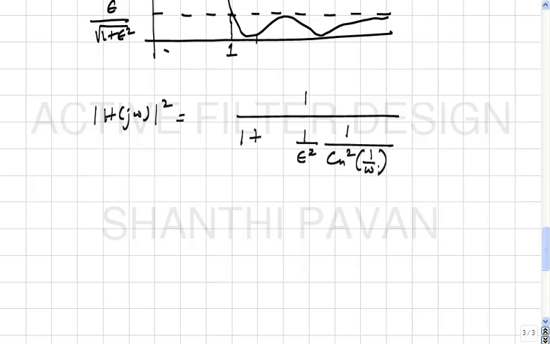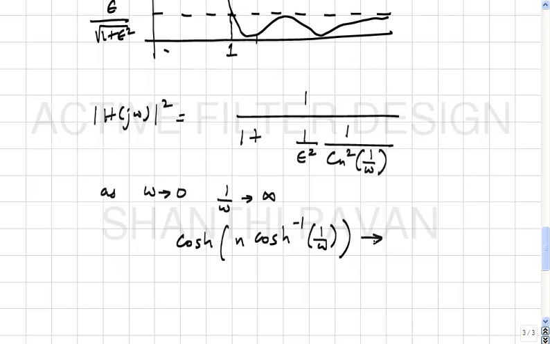Okay, and we are interested in the behavior of this at low frequencies. So as omega tends to 0, 1 by omega tends to infinity, and Cn, which is cos hyperbolic of n cos hyperbolic inverse of 1 by omega, will tend to... what is cos hyperbolic inverse of 1 by omega as omega becomes very small?